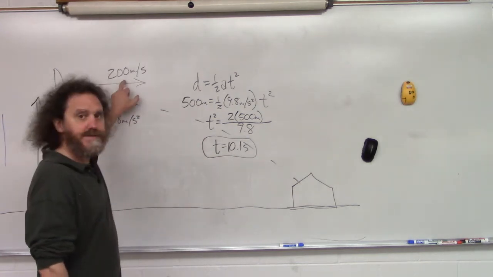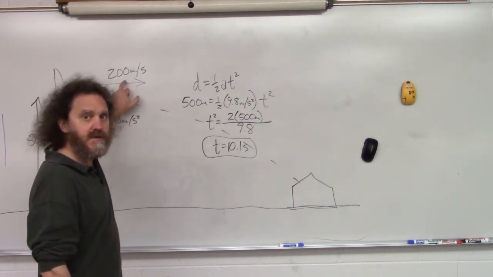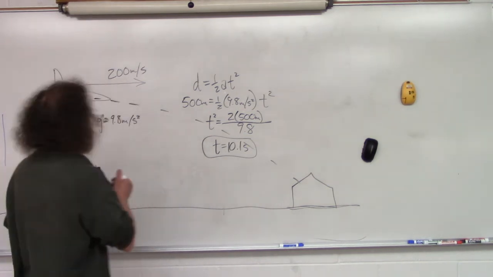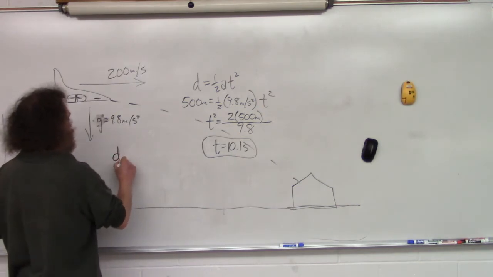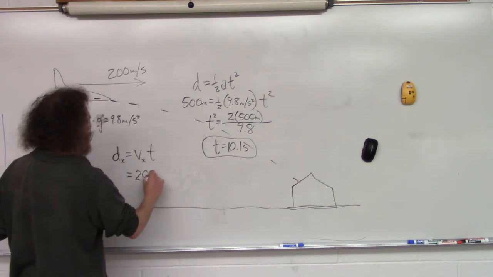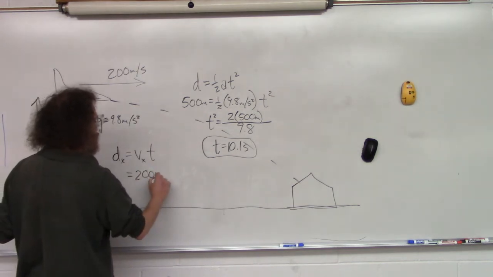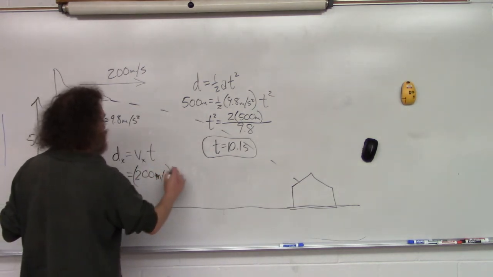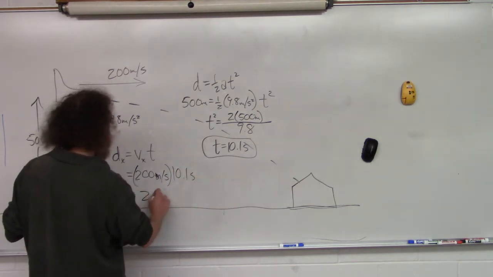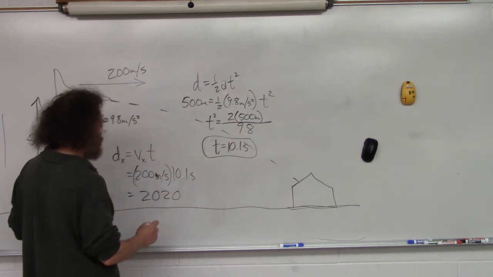Now it's traveling 200 meters per second in the horizontal direction. That doesn't change when the pilot lets go of the care package. So the distance that it goes in the x direction is its velocity in the x direction times that amount of time. 200 meters per second times 10.1 seconds, which is 2,020 meters.